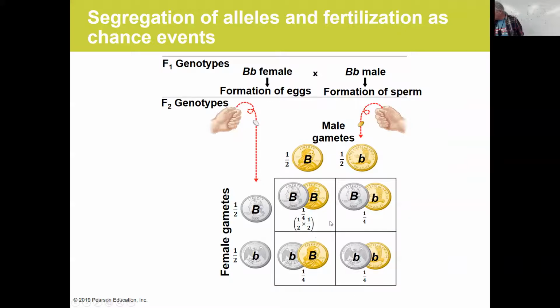So it's a 1/4 chance of big B big B, 1/4 chance of small b small b, and a 1/2, 50% probability for big B, small b, because there's two ways to get it. This one is 1/4, and that one's 1/4. So you add those together to get 1/2, or 2/4.